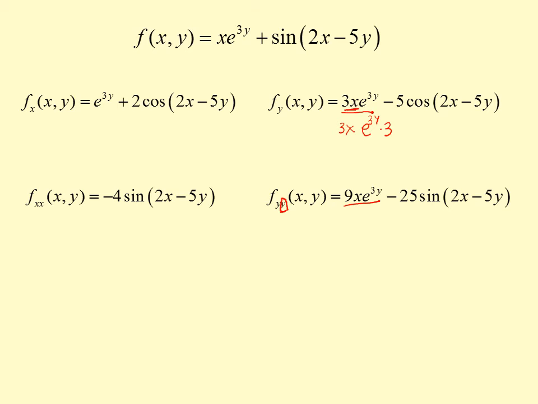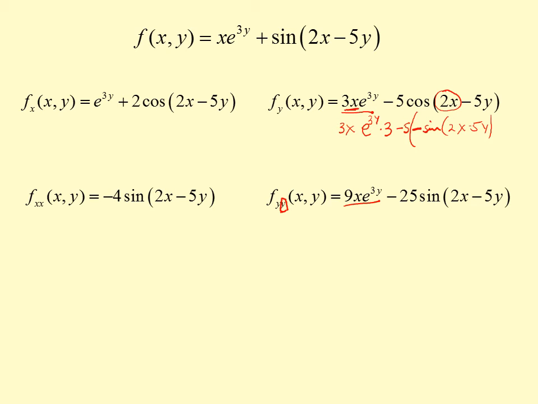And the derivative of 5 cosine 2x minus 5y, if we copy down the 5, derivative of cosine would be negative sine. Leave the 2x minus 5y alone. Do the derivative of 2x minus 5y. Now 2x doesn't contain any y's, so the derivative of 2x would be 0.